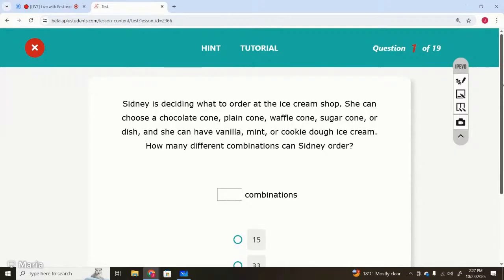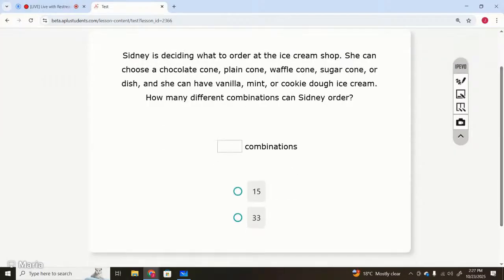She can choose a chocolate cone, plain cone, waffle cone, sugar cone, or dish, and she can have vanilla, mint, or cookie dough ice cream. How many different combinations can Sydney order?